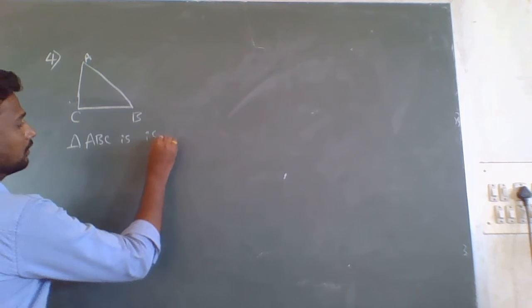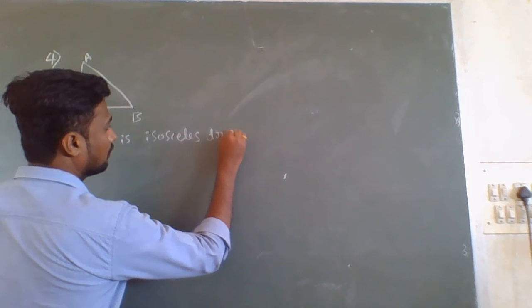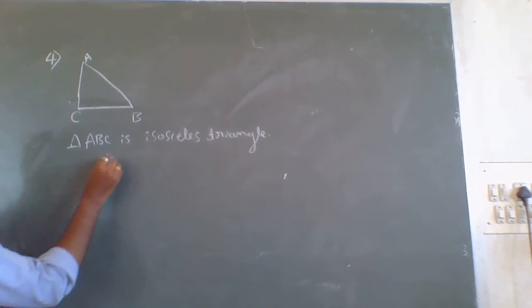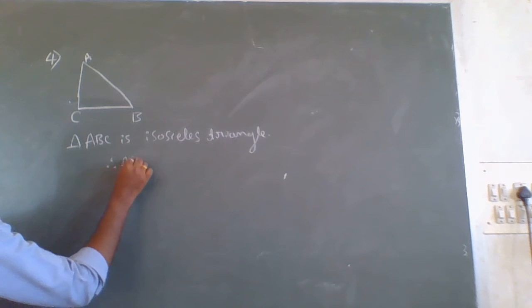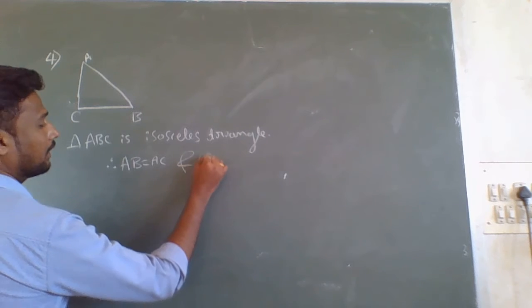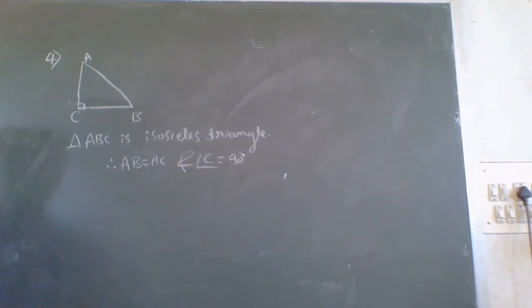They have given that isosceles triangle. Therefore you can write AB is equal to AC, and right angled at C means angle C is 90 degree.